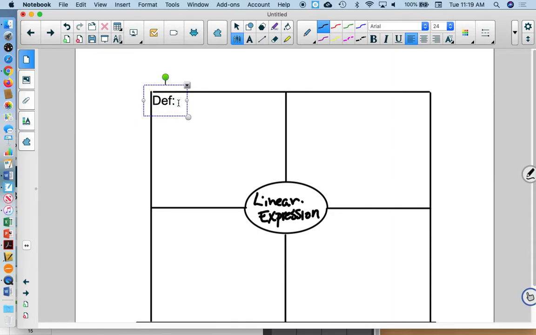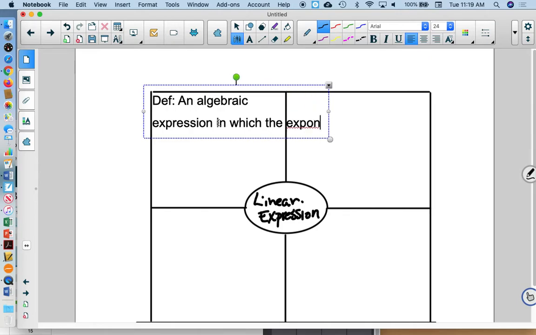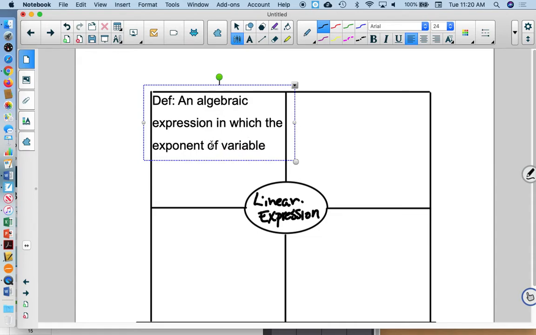The definition of a linear expression is an algebraic expression, meaning it has a variable, in which the exponent of the variable is 1.